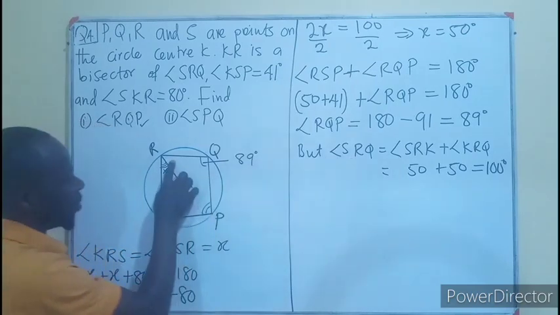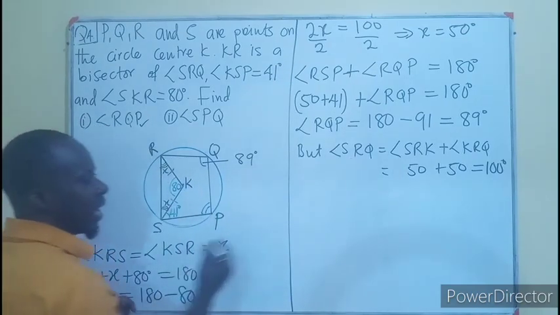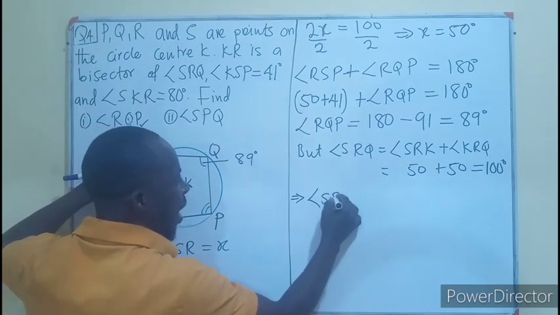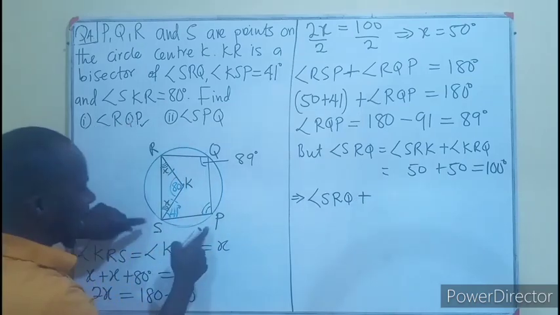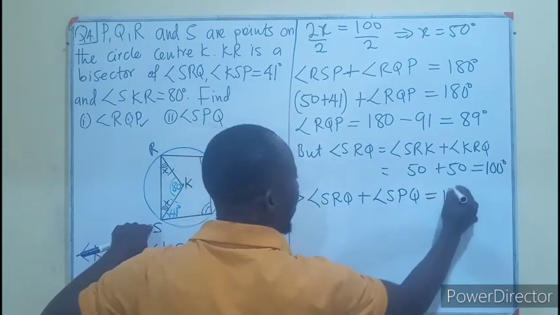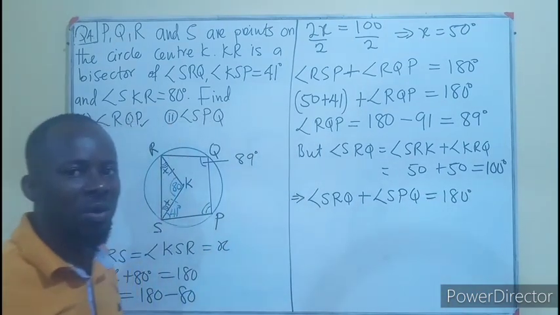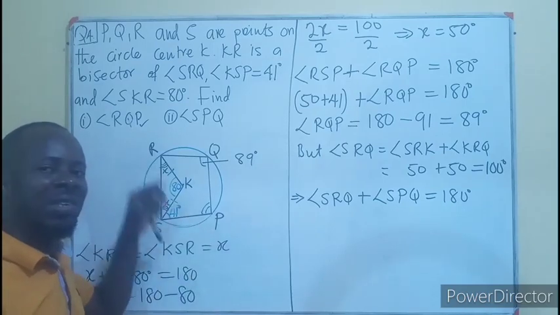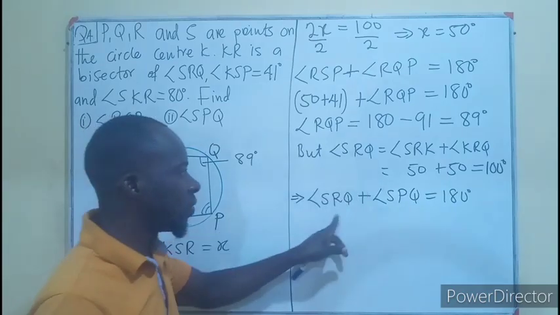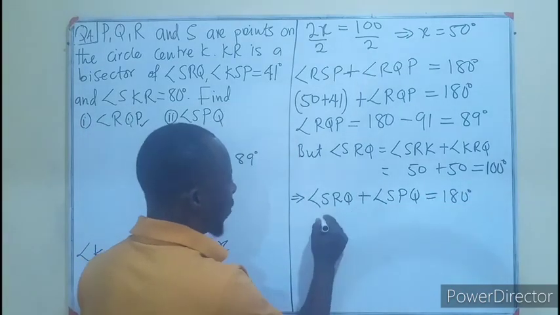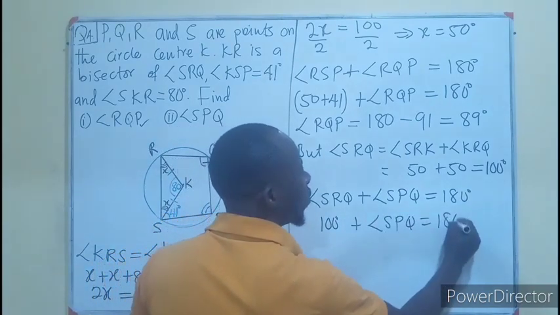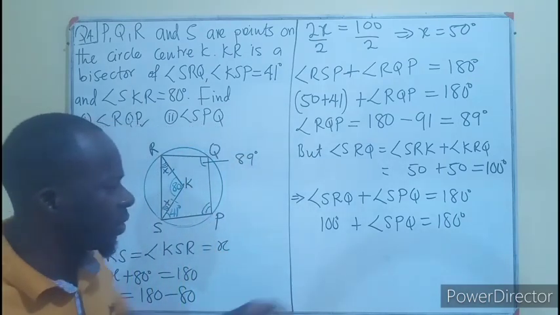This follows the property that angle SRQ plus the angle I am asked to find, SPQ, should give us 180 degrees, because the opposite angles of a cyclic quadrilateral add up to 180. So I have my 100 degrees plus the angle I am asked to find equals 180.